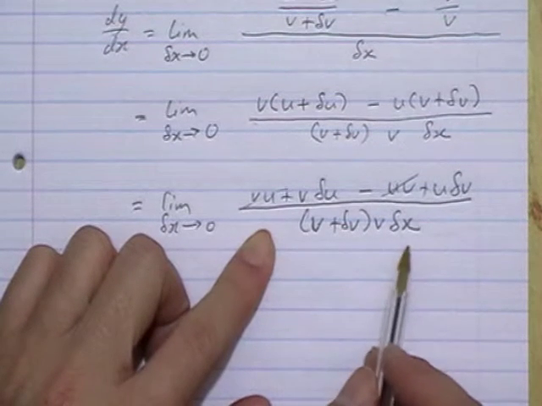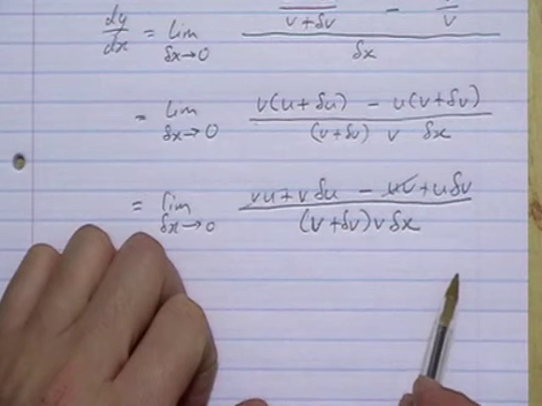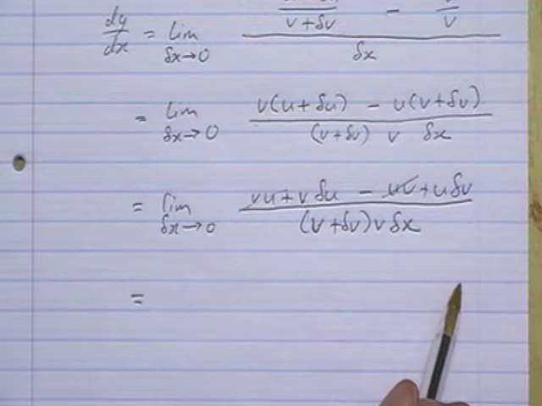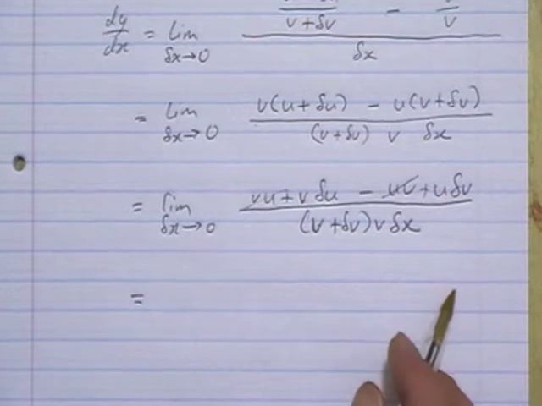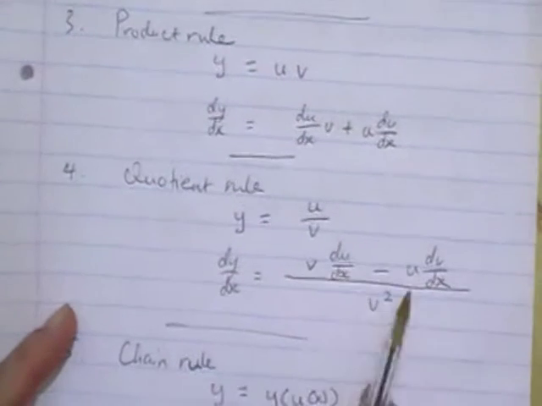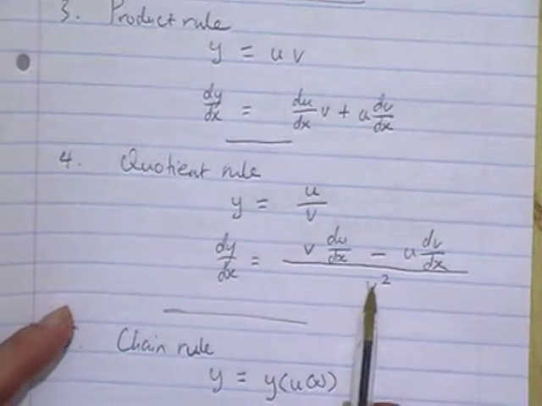So why don't I separate these into two fractions? Let's have a look out for what we might do with the v there as well. If you look at this, you see a v squared at the bottom.